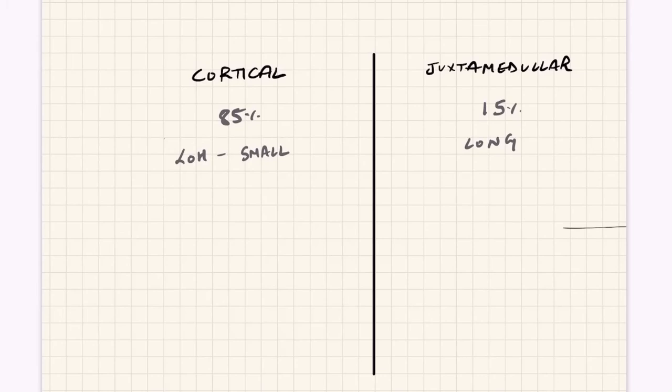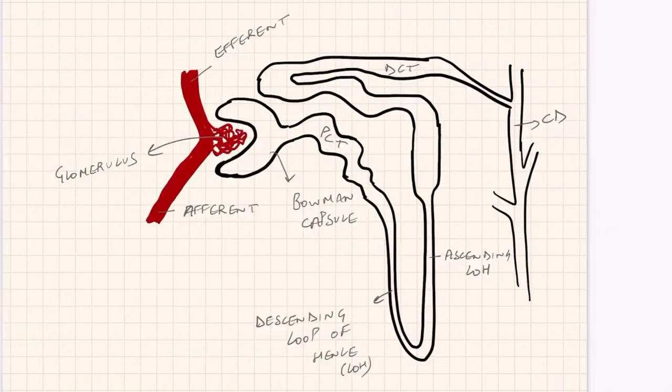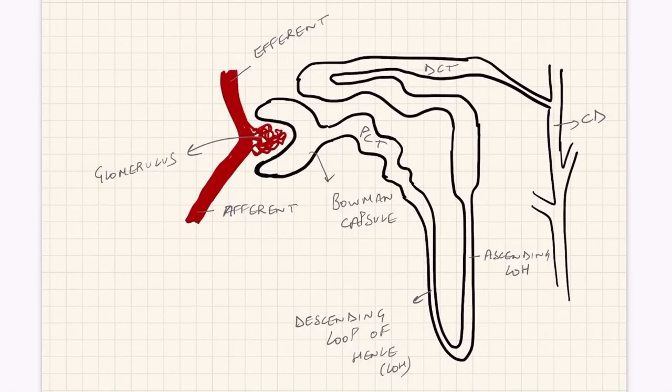So what is the function of loop of Henle? What is the point of making such a long loop? The basic function of loop of Henle is to create an osmolarity gradient, which helps in reabsorption of water and solutes, which I'm going to be discussing in detail. Just get the basic idea that it helps in creating a gradient which helps in absorption of water and solutes.